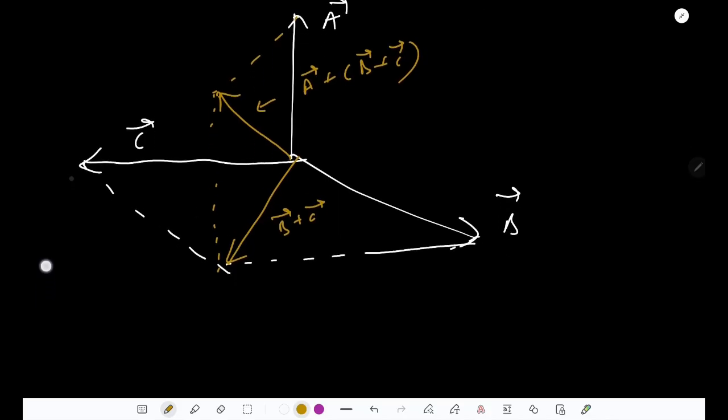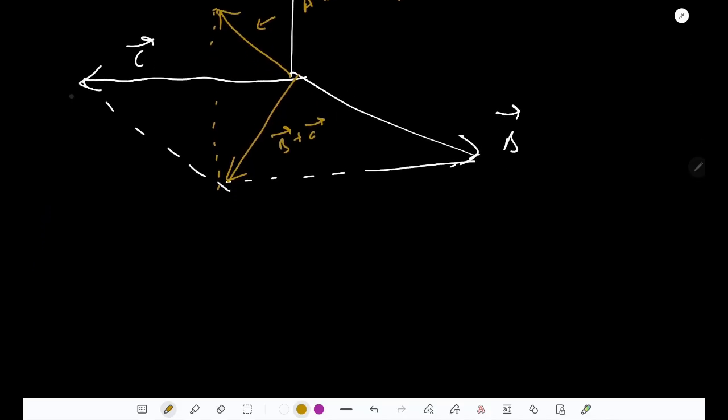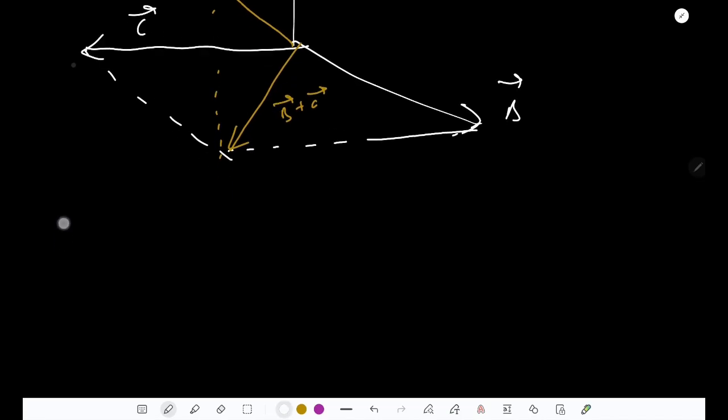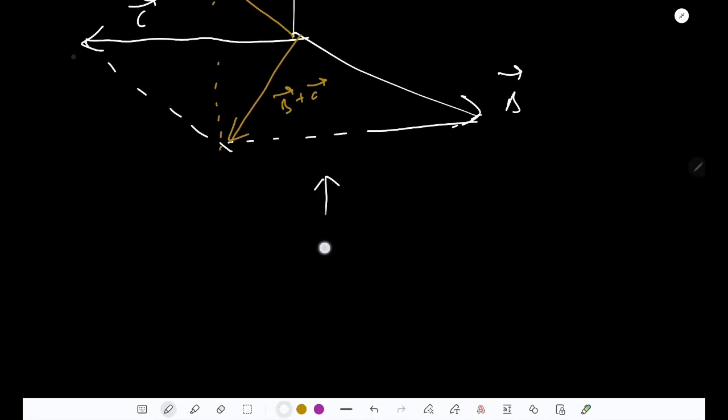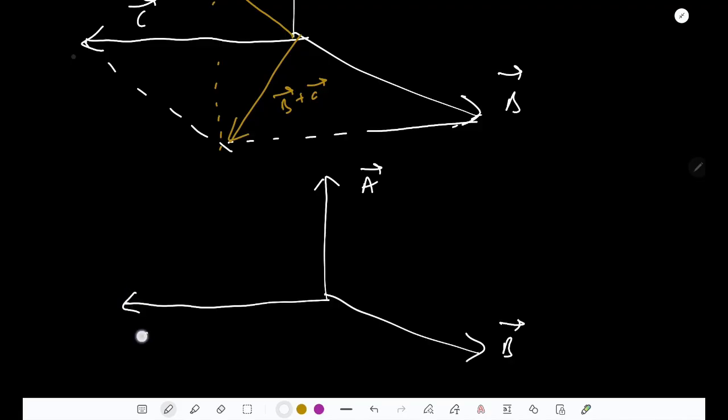And if you draw all the pictures again, look, this is your vector A, this is your vector B, and this is your vector C. Now first try to find A plus B first.